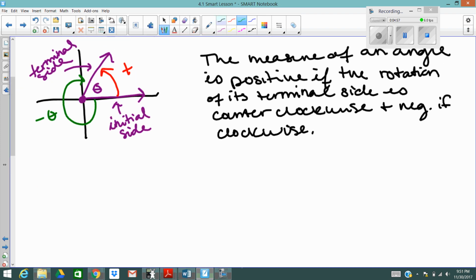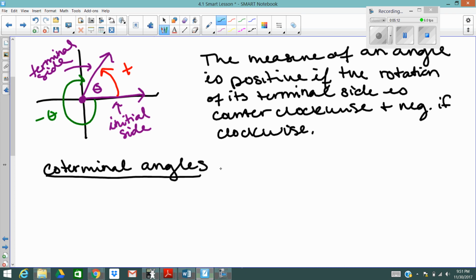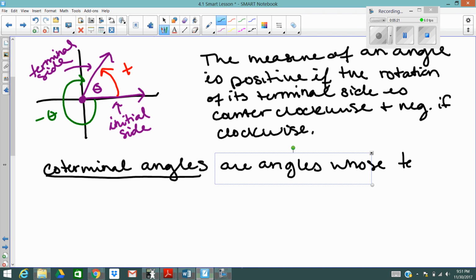Coterminal angles are angles whose terminal sides coincide.